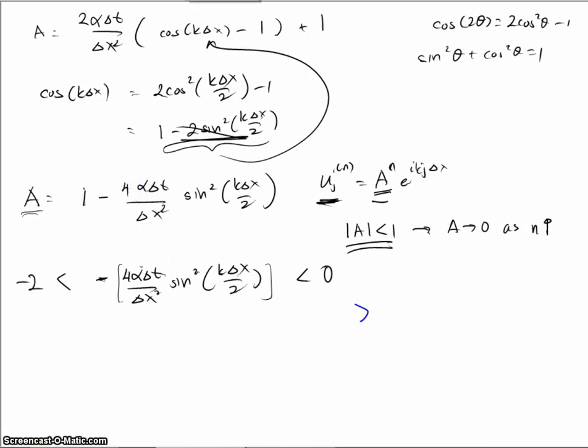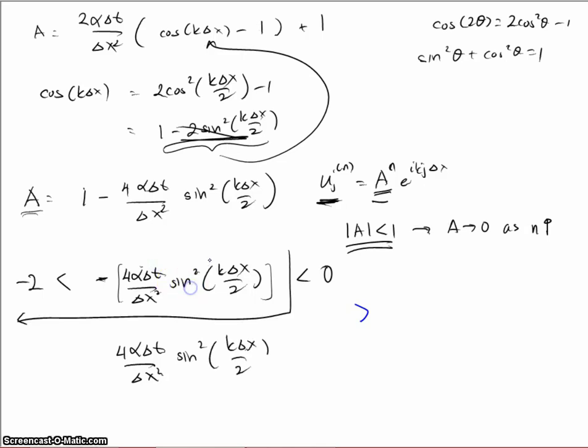The second part is actually this part over here. Now if you look at this part, I can rearrange this to give 4 alpha Δt over Δx squared times sine squared (k Δx/2), and this must be less than 2. Now if I move the 4 over, I'll get alpha Δt over Δx squared must be less than 1/2. Now, the value of sine squared is between 0 and 1.